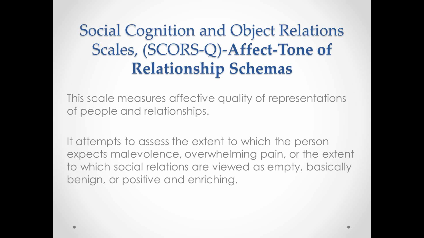Some of the relationships depicted are very rich, loving and supportive. Some are empty and barren of affect. Some are downright hostile and malevolent. And so this particular domain, the affect tone of relationships, looks at rating where a person falls in terms of the quality of the affect in the relationships that are depicted.